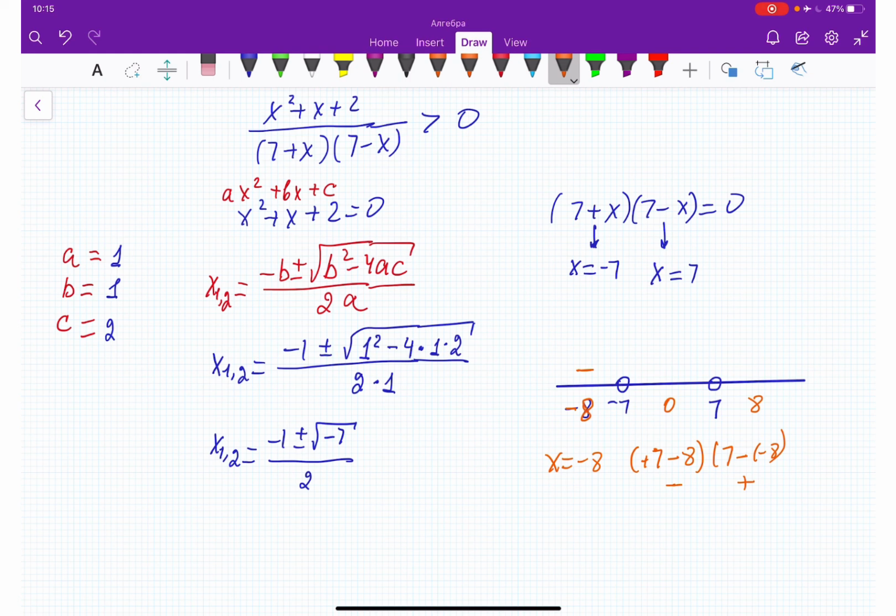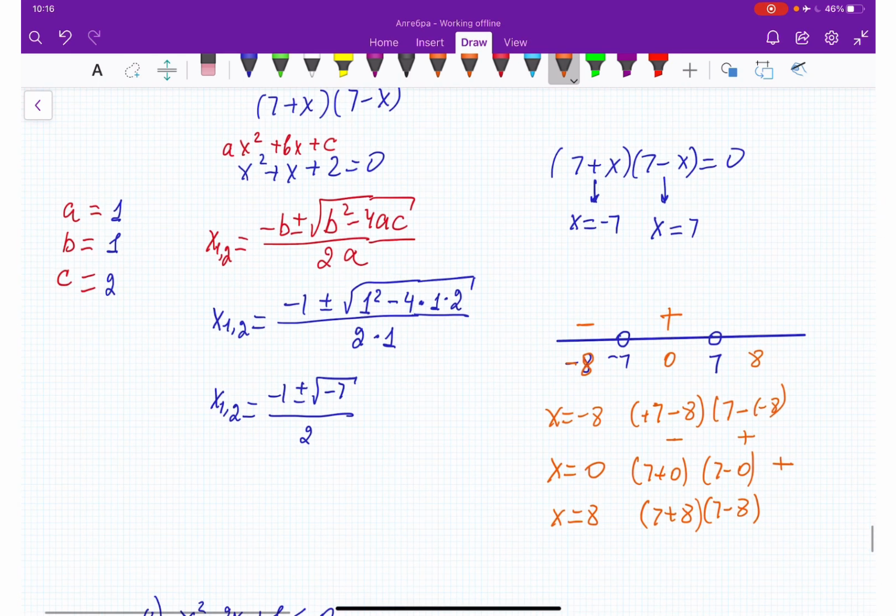And then x is equal to 0. It's going to be 7 plus 0, 7 minus 0. We're going to get positive. And x is equal to 8. We are going to get 7 plus 8, which is positive, and 7 minus 8 is negative. So positive times negative, we're going to get negative.